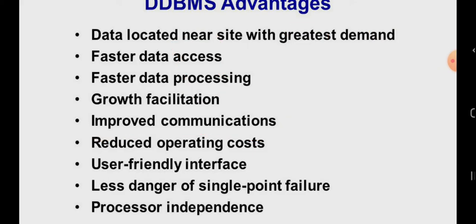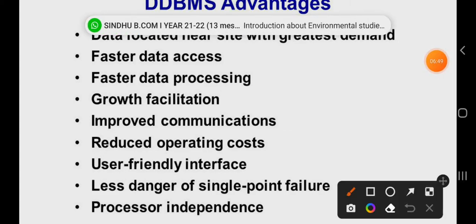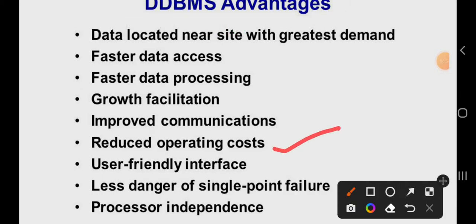Reduced operating cost. As I already told you, we reduce the communication cost, and as we are sharing the data, the operating cost will also reduce. It can work faster as it holds only a portion of the database. It won't have the complete database in a single system.